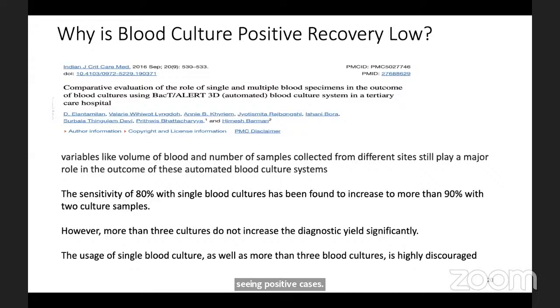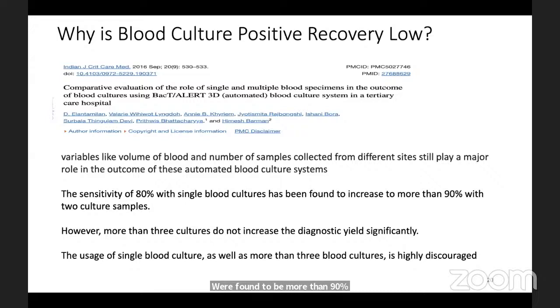So this study was saying that variables like the volume of the blood and the number of bottles collected play a significant role in getting a positive outcome. And it said that 80% of samples or patients who were negative to single blood cultures were found to be more than 90% positive when they used two cultures.